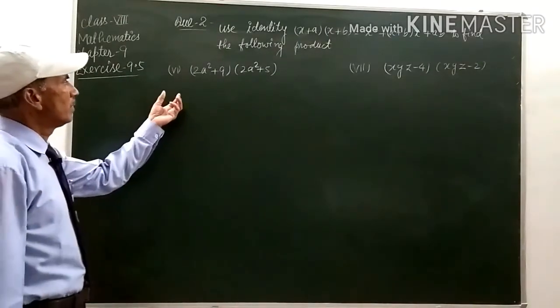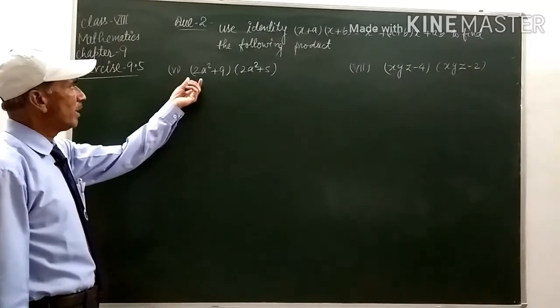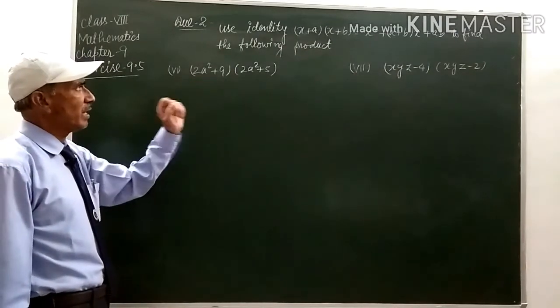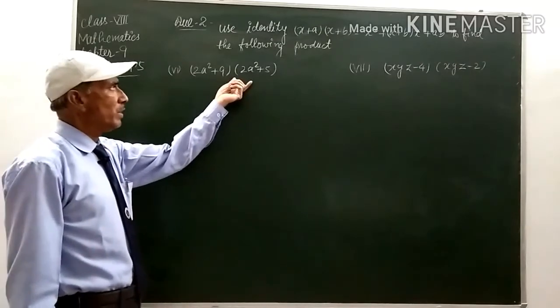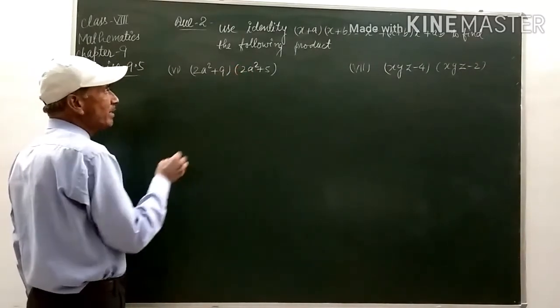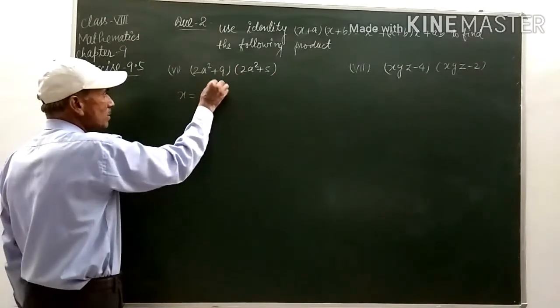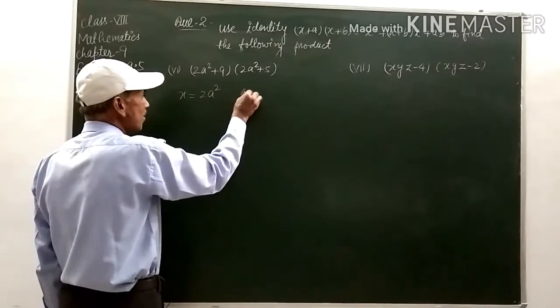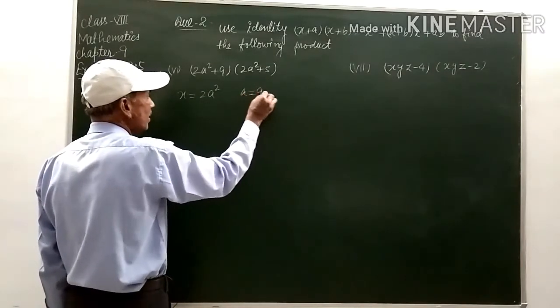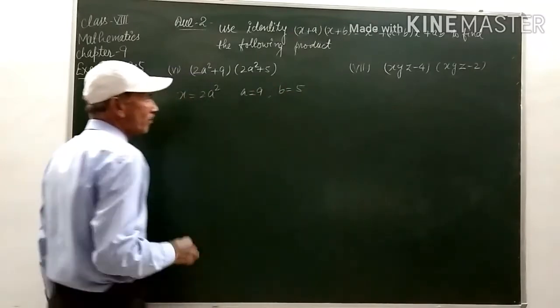This is the sixth part of the question, and in this there is (2a² + 9)(2a² + 5). So comparing with the identity, we find that in place of x there is 2a², in place of a there is 9, and in place of b there is 5.